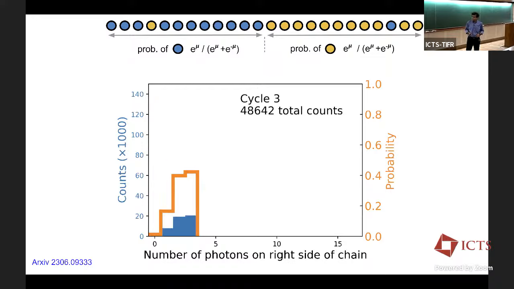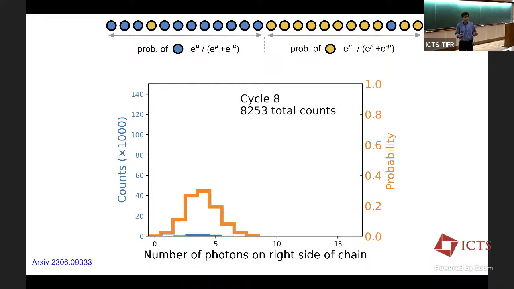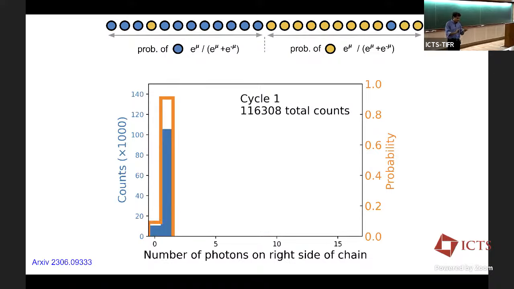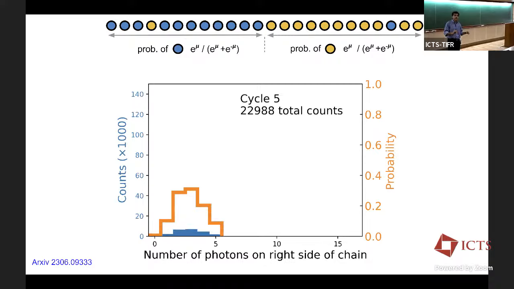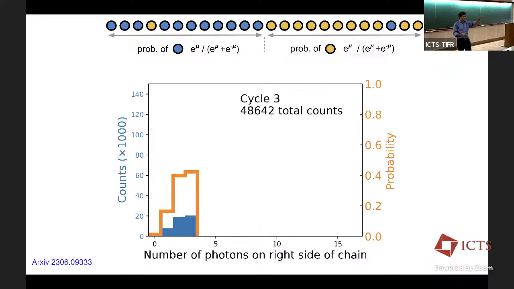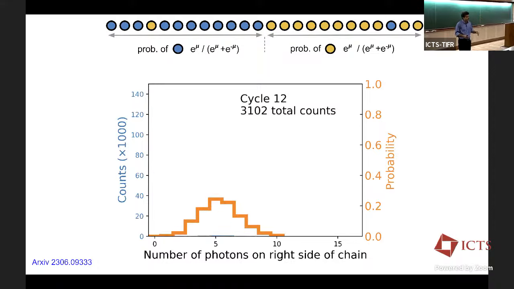So this is what we're going to do in the lab. We're going to take 46 qubits, and with probability e to the mu over a normalization, we're going to excite the qubits on the left, and make the ones on the right spin down. So it's not a sharp domain wall; there's a probability. This mu is a positive number, maybe 1, maybe 5, maybe a fraction close to 0.